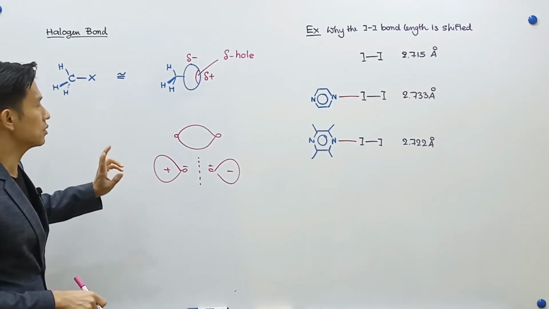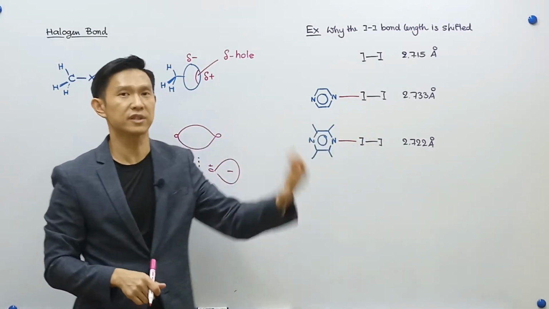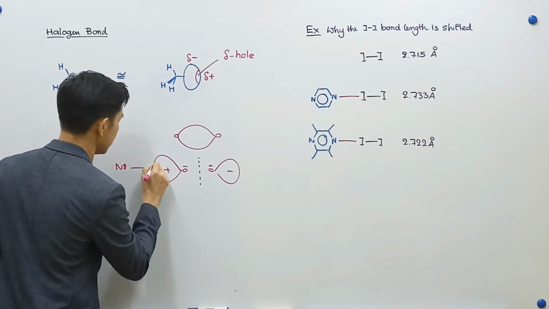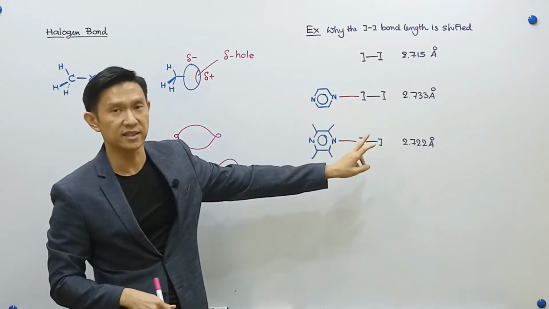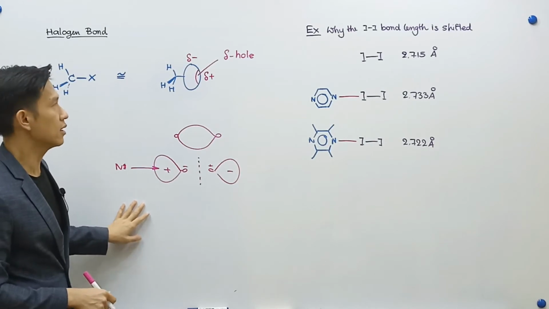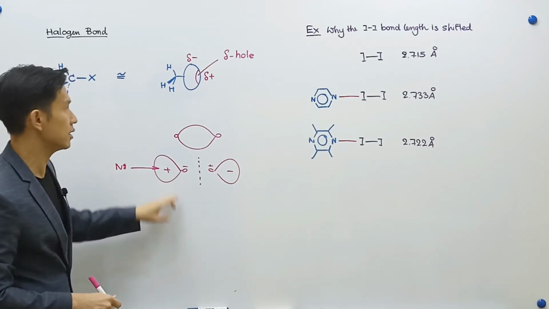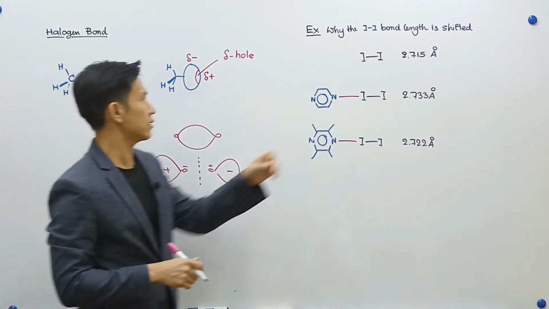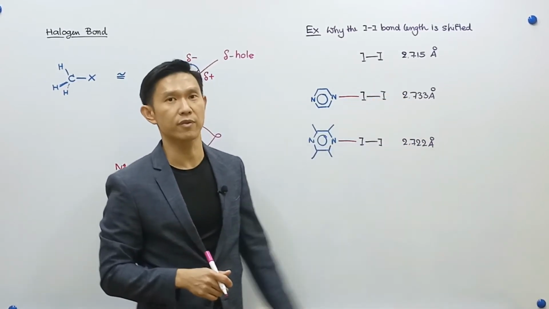So if you want to elongate the bond length, you decrease the bond order. That means the electron pair of nitrogen is put here into the sigma star. So this is 180 degrees. And this is the orbital interaction. Right? So with the electron pair of nitrogen donating into the sigma star orbital of iodine, you're weakening the bond order. And then the bond length is longer from 715 to 733, right?